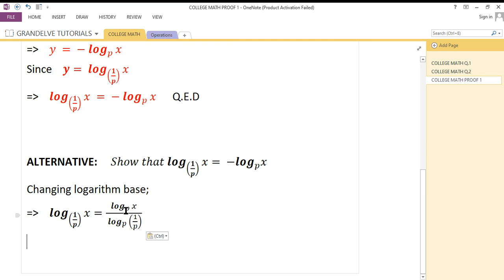Then since my preference is on the p, I would then choose p as my base of the logarithm. Depending on the proof that you like to show, you can go for any base that you want. And in this case, my preference is on the base p. As you can see in my equation here, what I'm supposed to arrive at, the base is p, so I'm going for base p. Okay.